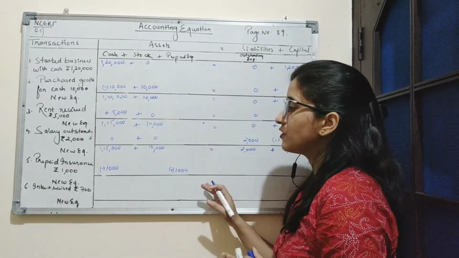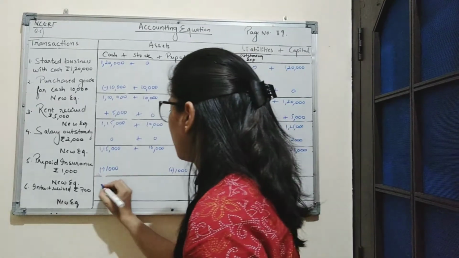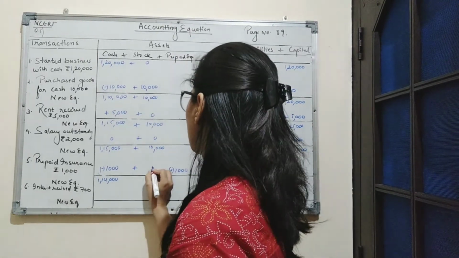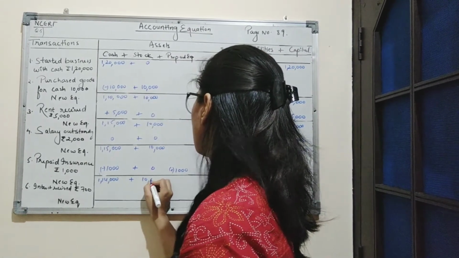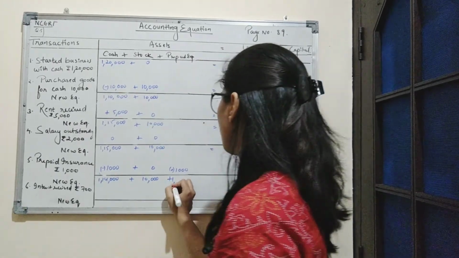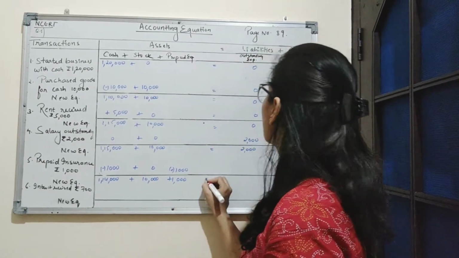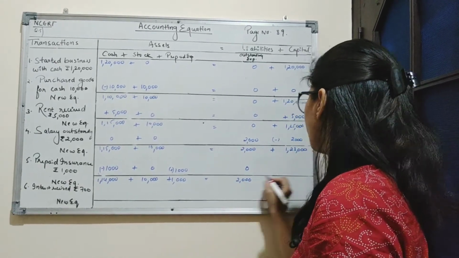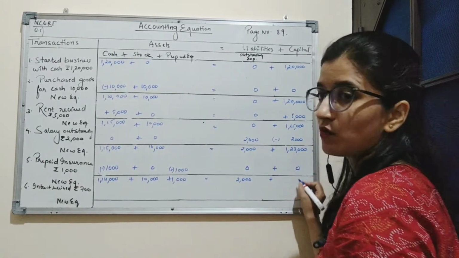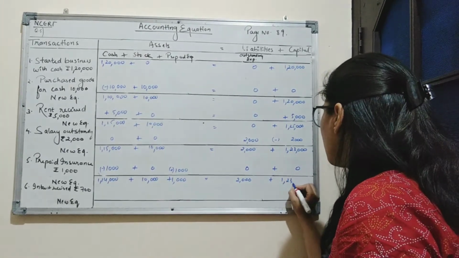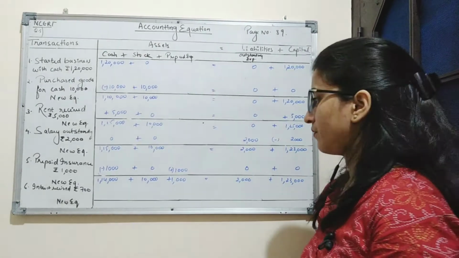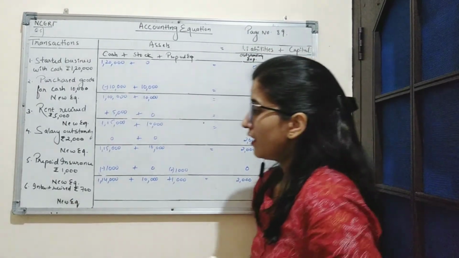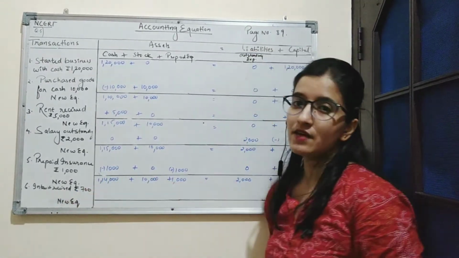So by solving these two equations, we get 1,14,000 of cash, 10,000 of stock, 1,000 of prepaid expenses, outstanding expenses remains the same 2,000, and capital amounting to rupees 1,23,000. Now next transaction is interest received rupees 700.